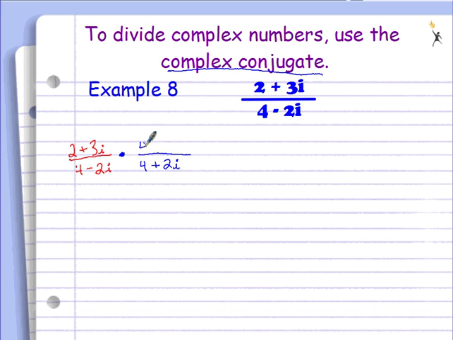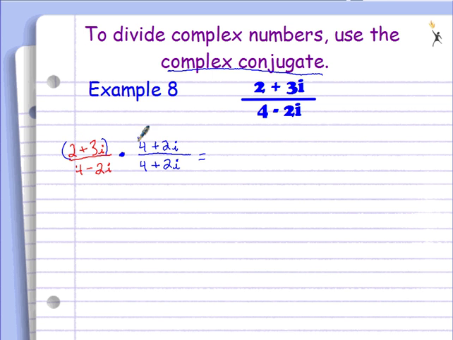And I'm going to do this 4 plus 2i. Now notice that it's the same on both top and bottom. Why? Because technically this is 1. This is 1. And anytime you multiply by 1, you are not changing the equation, because anything times 1 is always itself. So what I'm going to do is I'm multiplying my problem by 1, but it's a unique 1. It's my complex conjugate. Now, how do you multiply fractions?